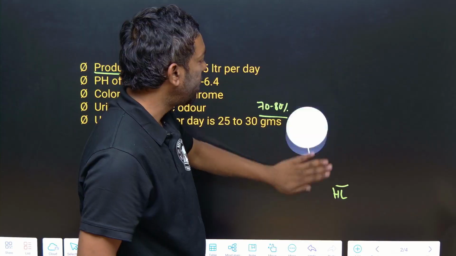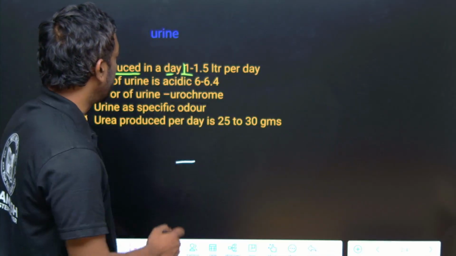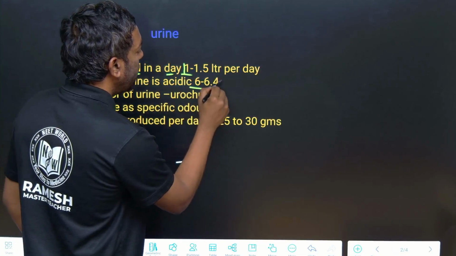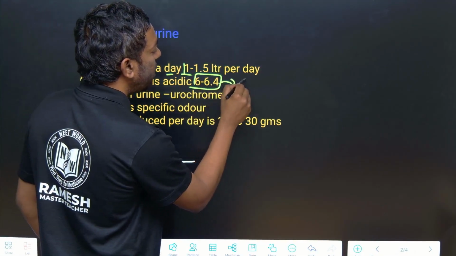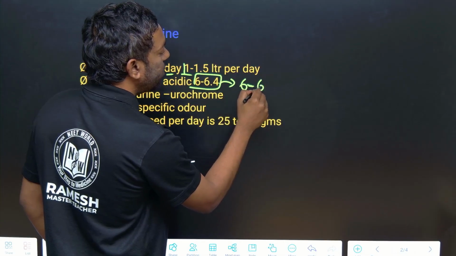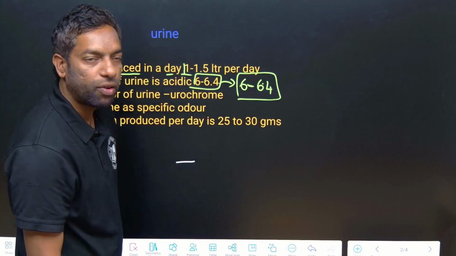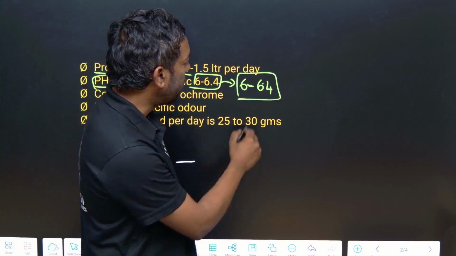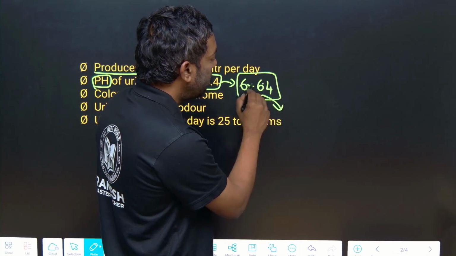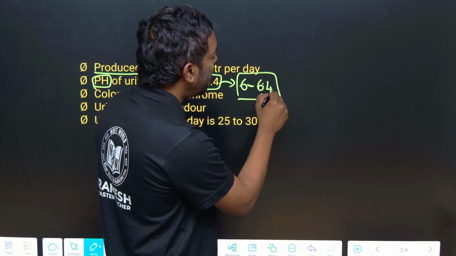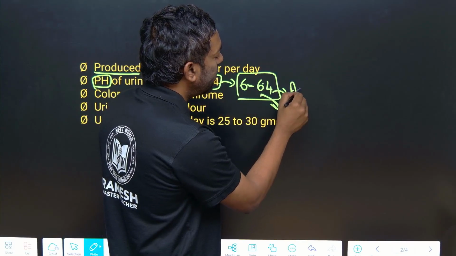Acidic means the pH value, guys. The pH value of the urine is 6 to 6.4. What is the urine pH? Slightly acidic.